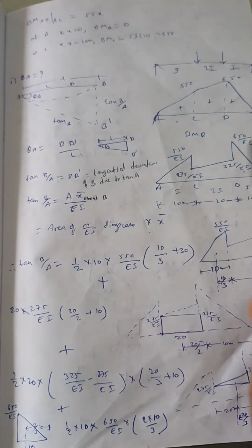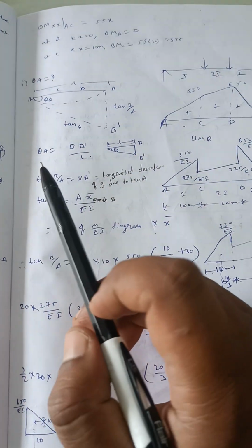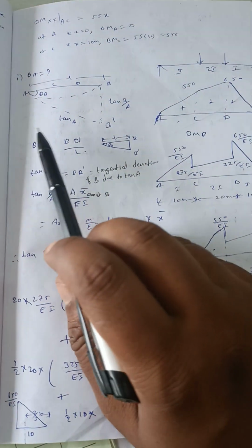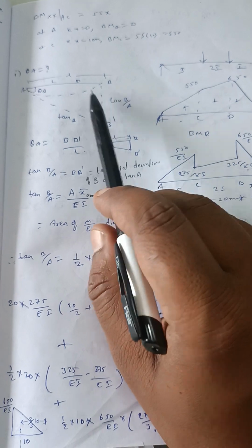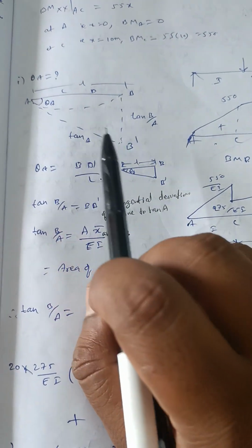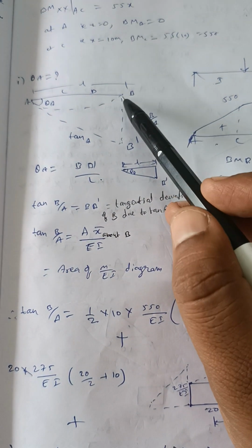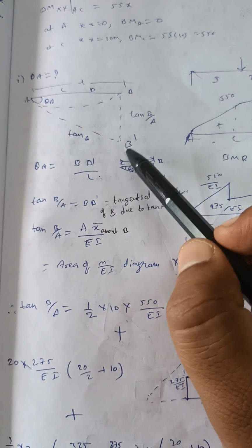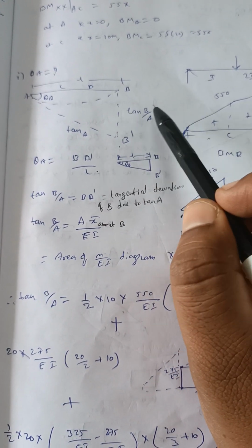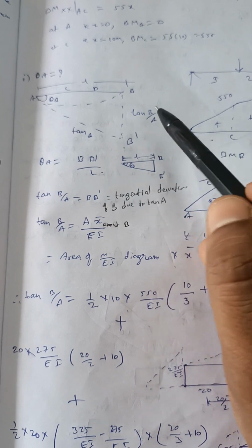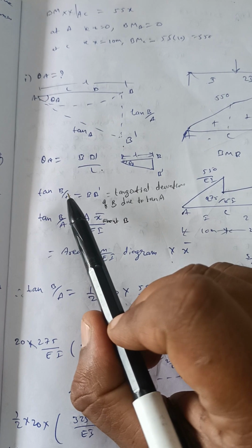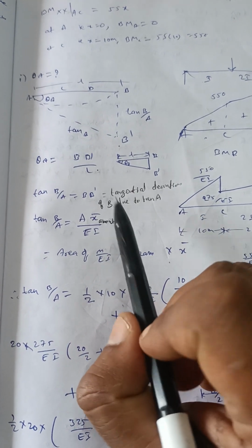Now, first of all, we need to calculate the slope at support, theta A. So theta A I need to calculate. This is the deflection curve. Let us draw a tangent at A, tan A, and if I extend this line, it will be BB dash. This BB dash is also called tan B by A, which means the tangential deviation of B due to tangent at A. So tan B by A equal to BB dash.